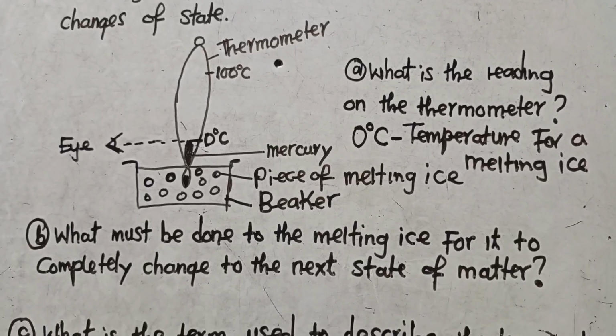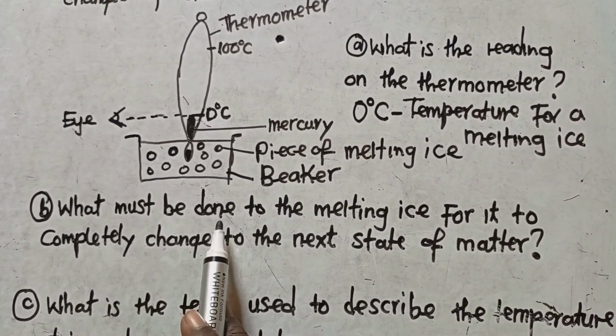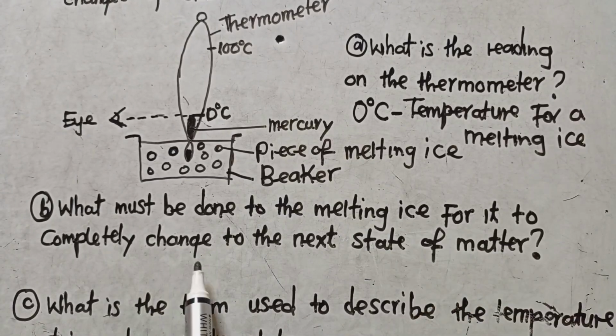We move now to the next question, question B, which says: what must be done to the melting ice for it to completely change to the next state of matter? What are we supposed to do to ice for it to completely change from ice to another state of matter?